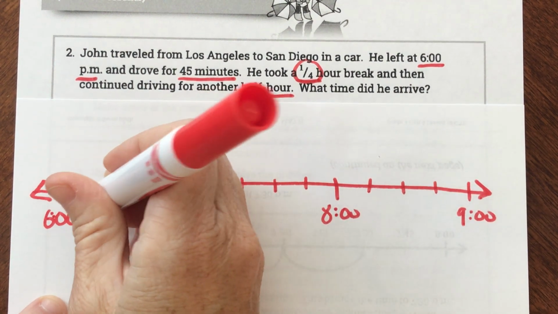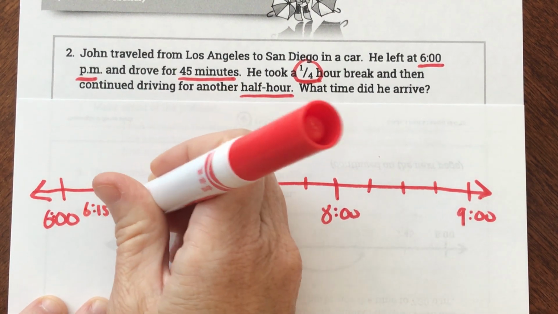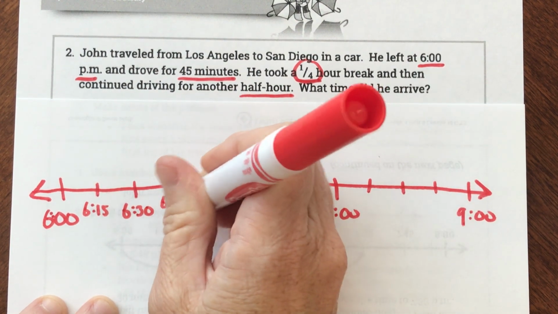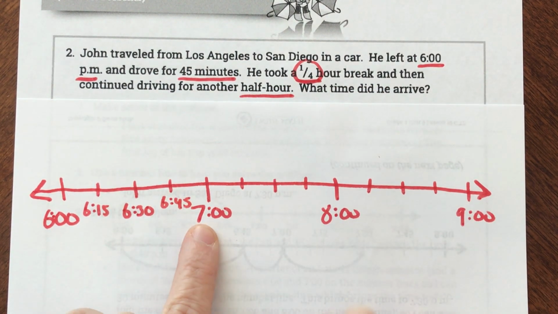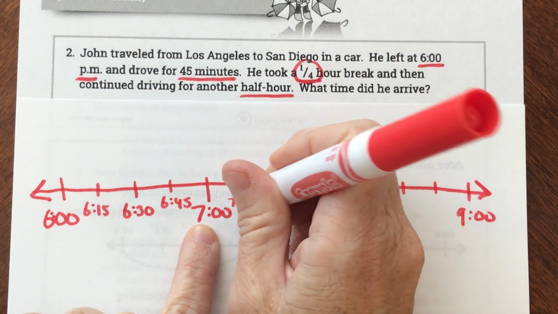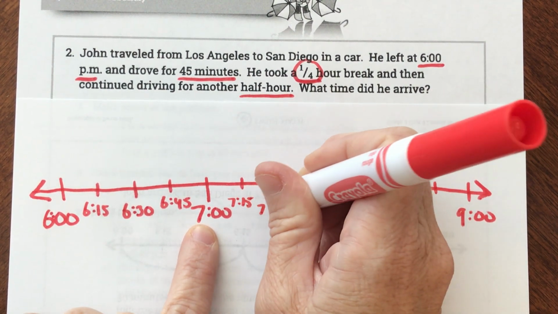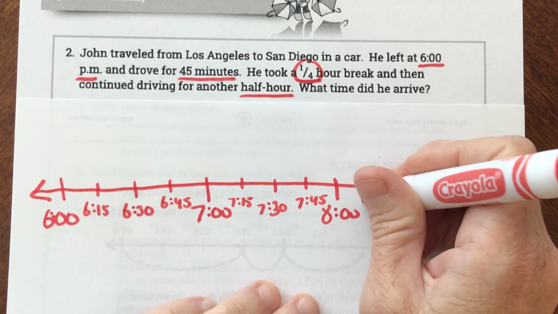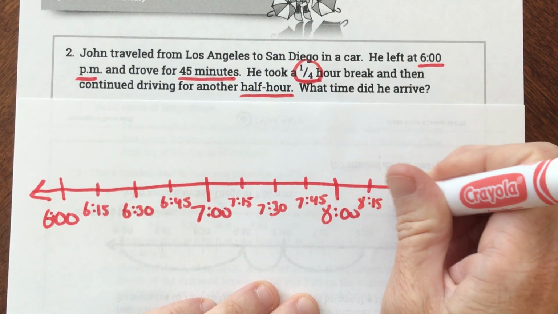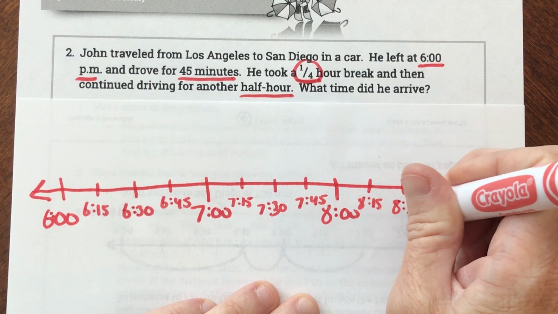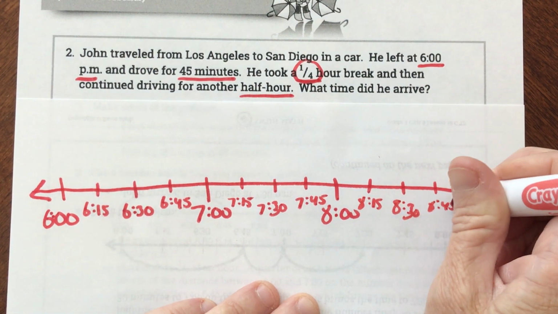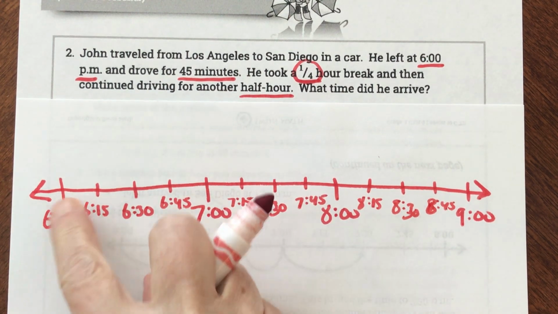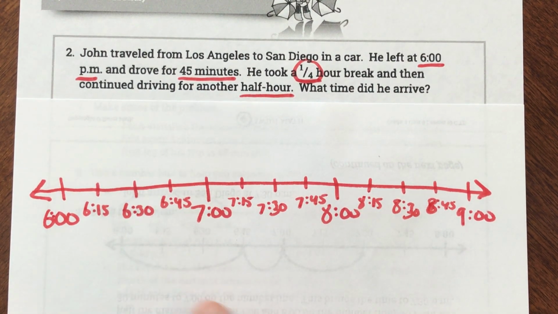This would be 6:15, 6:30, and add another 15 would give 6:45, 7, 7:15, 7:30, 7:45, 8, 8:15, 8:30, 8:45. So I added 15 minutes each time because 4 15 minutes equal an hour.